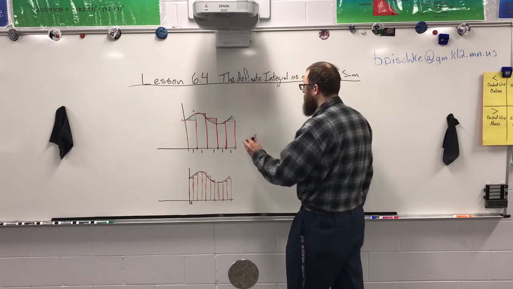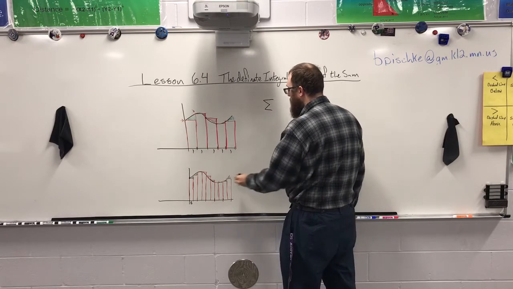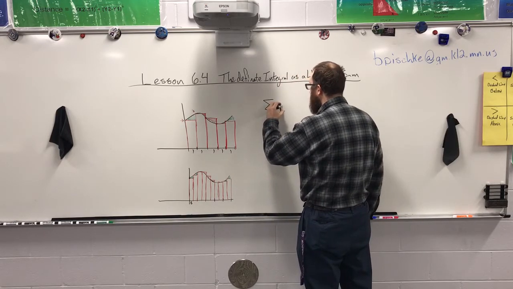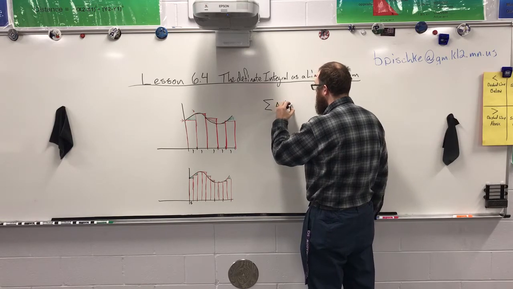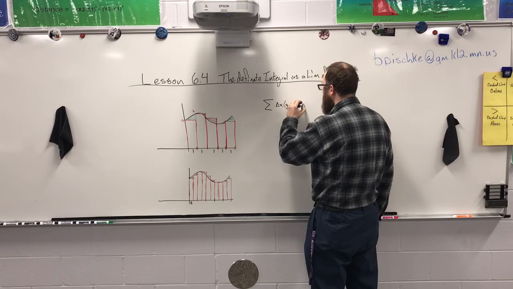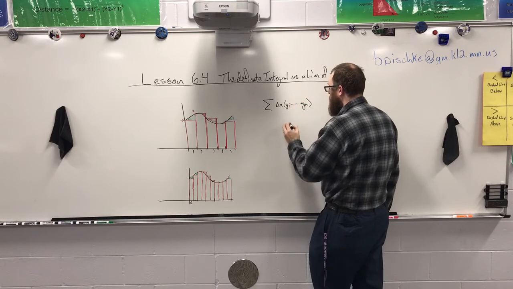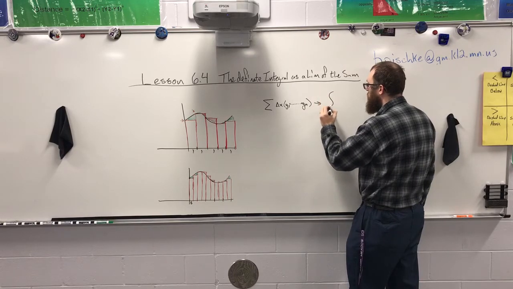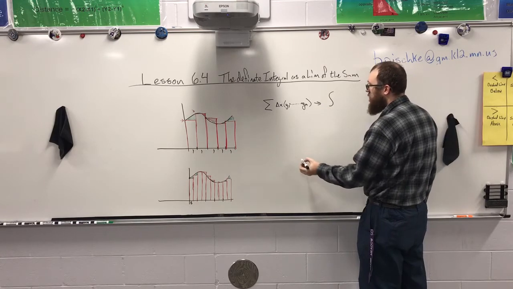And so what that tells us is that the sum of all of these little rectangles, and they would say the sum of our delta x times y1 through yn, is equivalent to the integral from whatever zone.